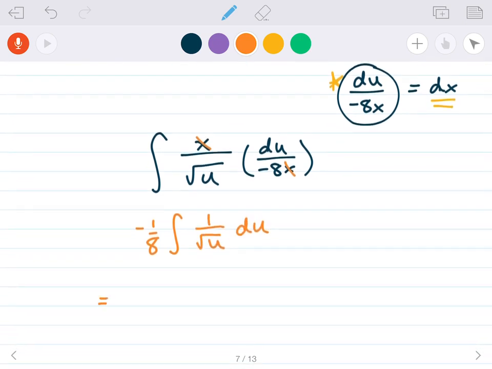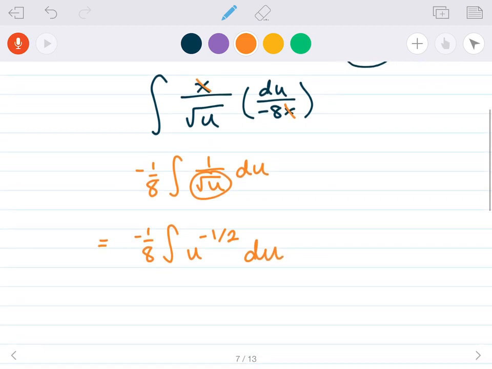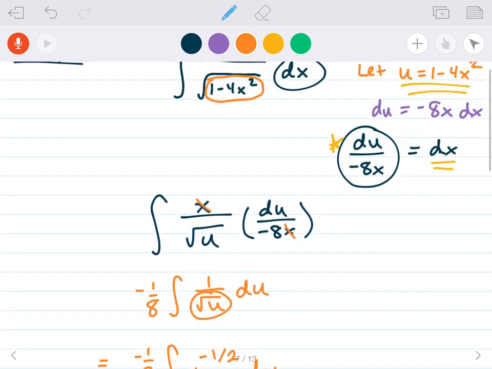Now, I can move this exponent to the top because the square root is just an exponent of 1/2. So this is the same thing as u to the negative 1/2 du. And from here, I can just integrate how we usually do.